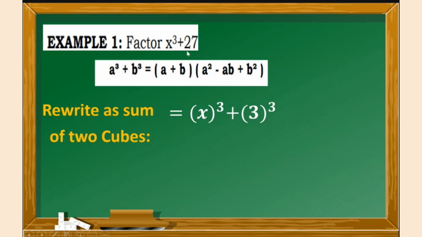How about 27? What is the perfect cube of 27? 3. Okay, 3. Because 3 times 3 times 3 is 27. Okay, so meron na tayong na-rewrite. So, hindi na tayo mahihirapan mag-factor. So, therefore, i-distribute lang muna natin to. Gagawin muna natin tong ganitong factor.